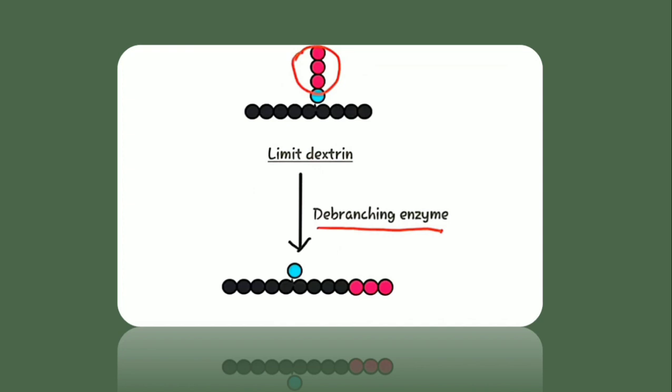Limit dextrin, which is formed now, cannot be further degraded by phosphorylase, so the branches of glycogen are handled by the debranching enzyme. With the debranching enzyme, the fragment containing 3 glucose molecules is transferred to another chain, and over here the debranching enzyme shows transferase activity.